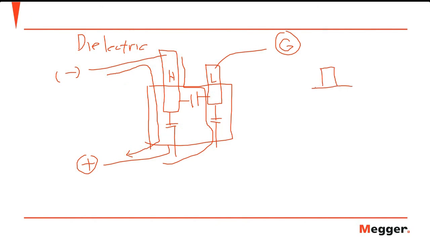If you have a bushing and you want to test just the resistance between this terminal and the tank, and the insulation is my bushing, then it is very clear that the current will flow here, and that is what I want to measure. However, if there is a surface leakage, it will split up. There will be current going here as well, and that will result in a parallel resistance.